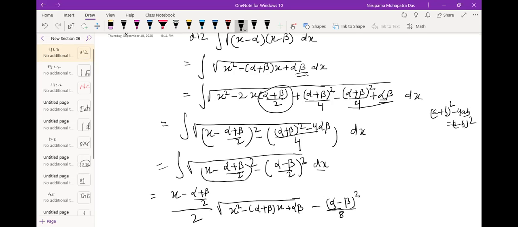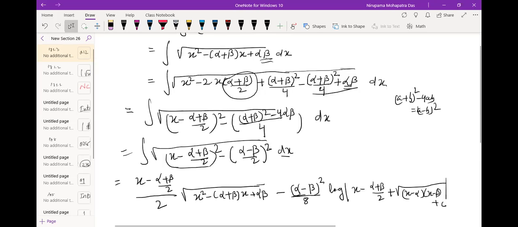A square is alpha minus beta whole square by 4, by 2 means you can get this into log x. x means here it is x minus of alpha plus beta by 2, plus under root whatever you have here, x minus alpha into x minus beta. So we are applying the formula directly, so not much difficulty.